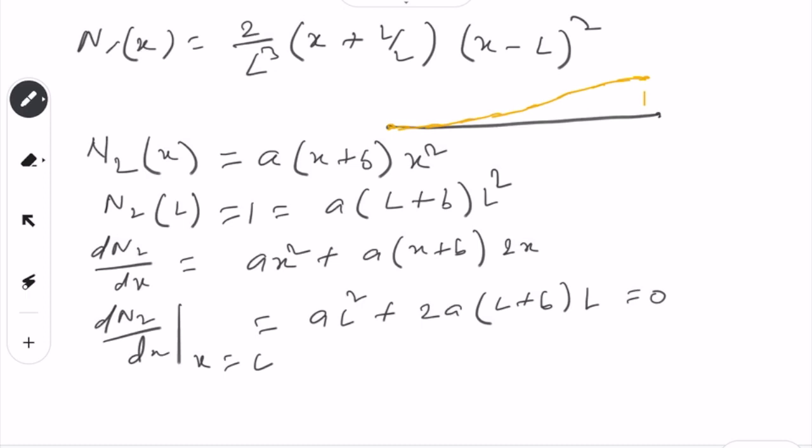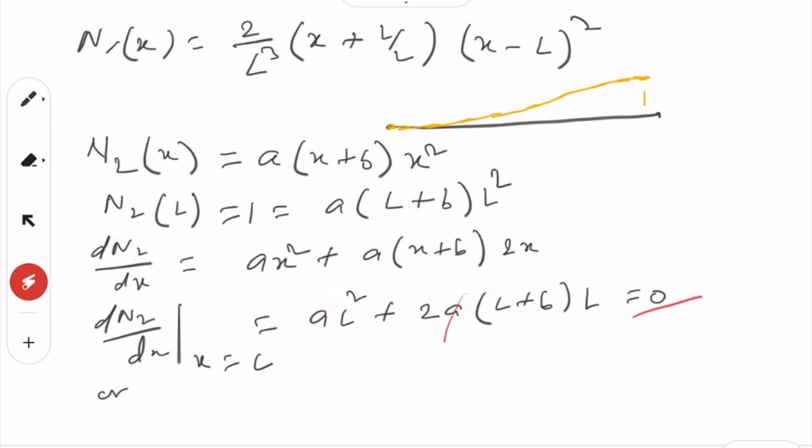We have a common factor, so we can get rid of a.